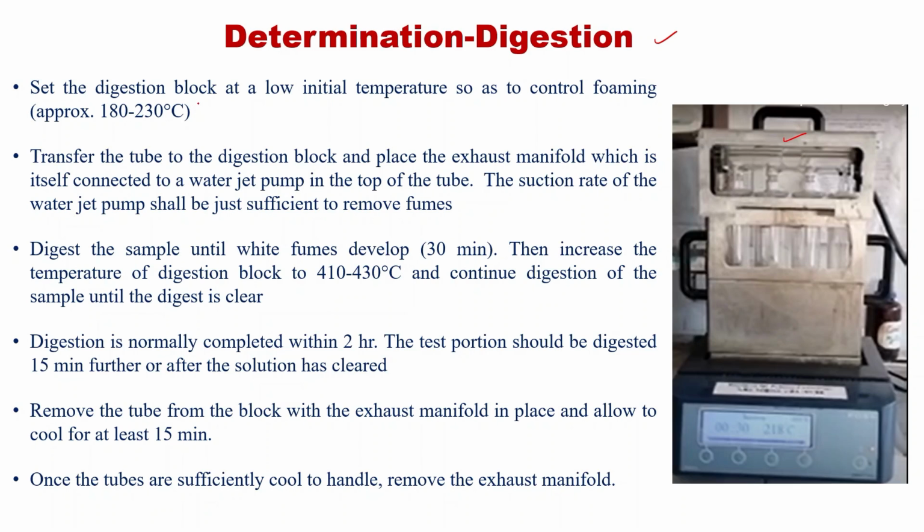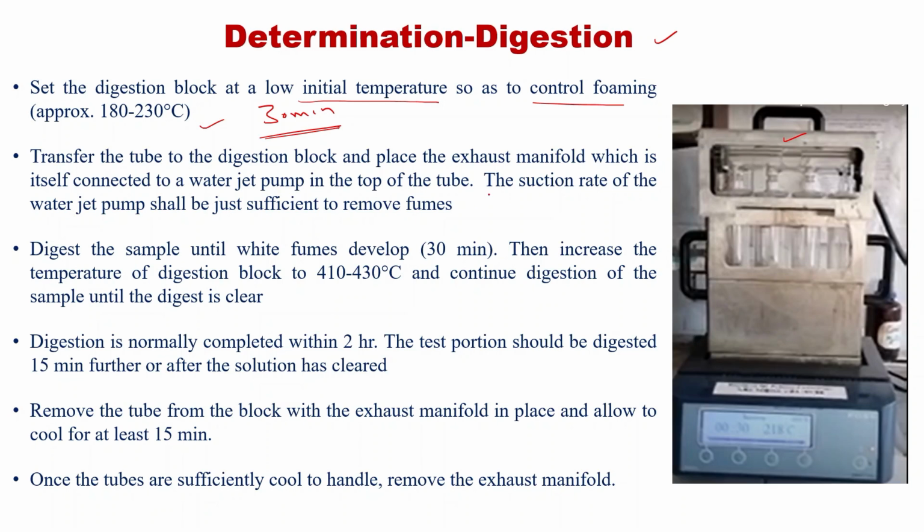Initially, set the digestion block at a lower temperature so as to control foaming, at 180 to 130 degrees Celsius for 30 minutes. Then transfer the tube to the digestion block and place the exhaust manifold, which is connected to a water jet with suction, of the water.